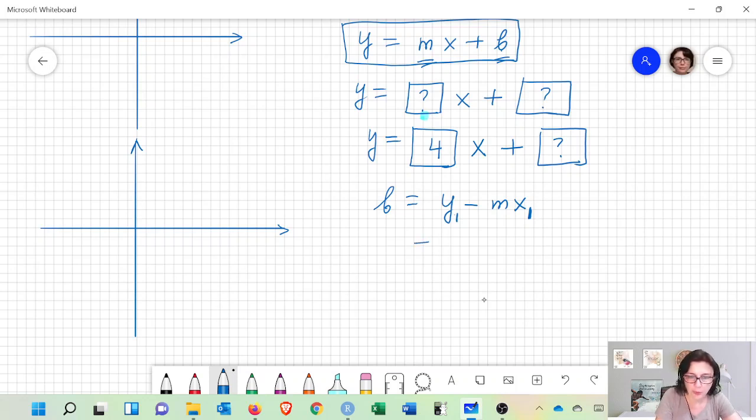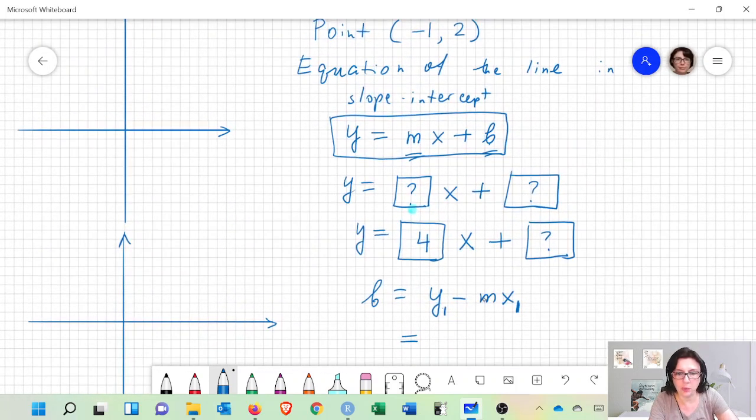So let's go ahead and see if we can figure it out. Well, they told us that the point was -1, 2. So this is your x1 and this is your y1. So your x1 is -1 and your y1 is 2. Okay, so let's put 2 here minus the slope, but they did tell you what the slope was. That was a 4. And then what operation is in between?